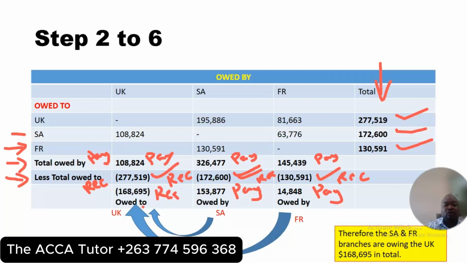Okay, this is an amount owed to the UK, whereas these ones are amounts owed by South Africa, and this one by France. So what is the interpretation? Therefore, the South Africa and France branches are owing the UK in total, that is $168,695.